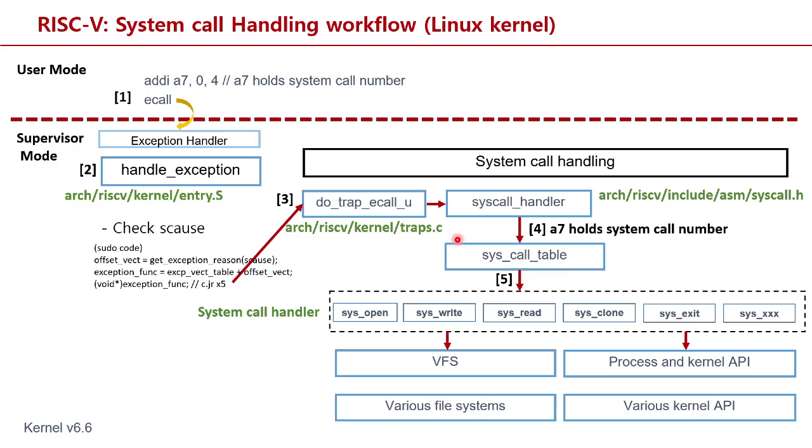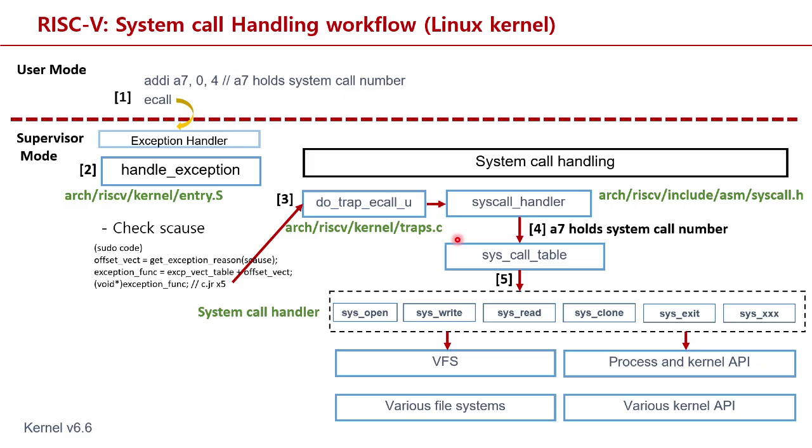System call is a terminology in operating systems, but the important thing is that a system call can be implemented using features of the CPU architecture. What I mean is, if your system is based on the ARM architecture, a system call can be implemented using a feature of the ARM architecture.